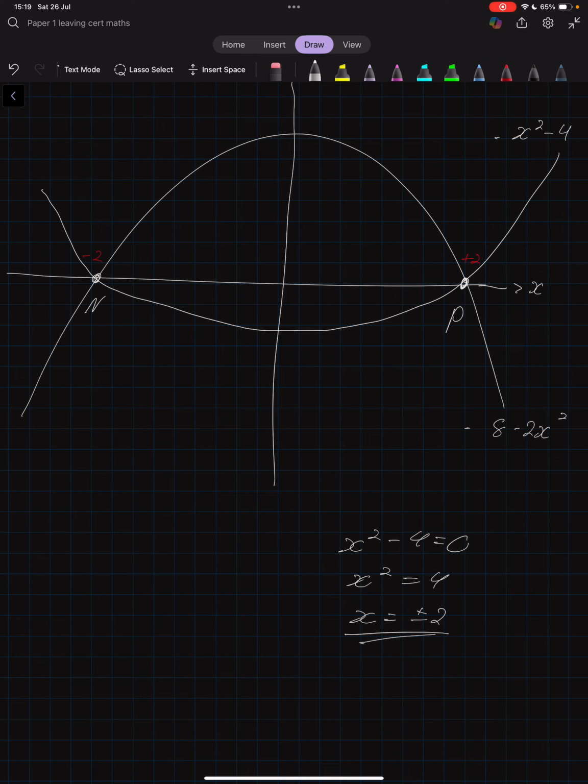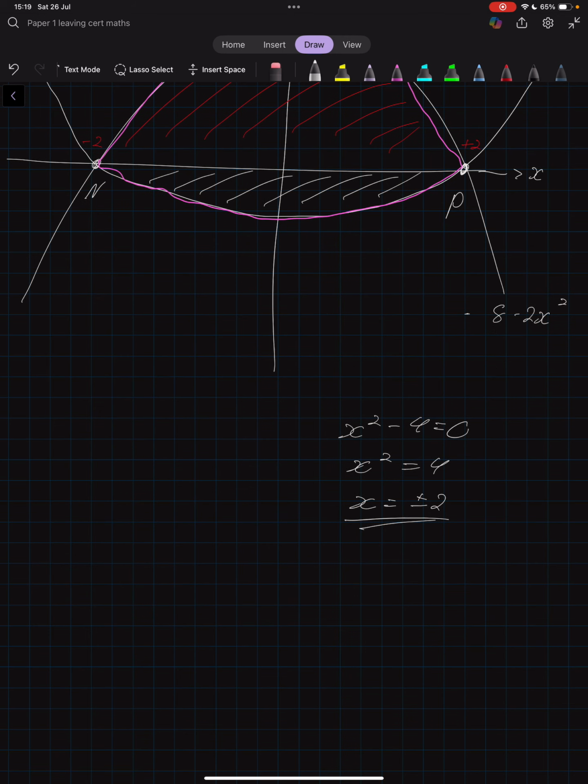And it says, hence find the area bounded by the two graphs. So find the total enclosed area here. I can calculate this area and I can calculate this area. If I integrate the top one, 8 minus 2x squared from minus 2 to 2, I get the top area. So minus 2 to 2 of 8x minus 2x cubed over 3.